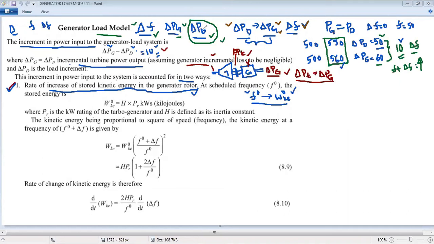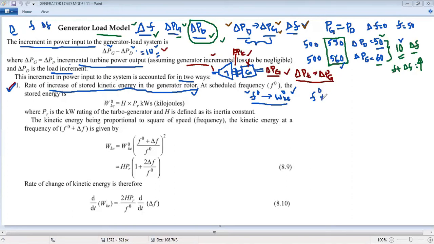But we are assuming that there is a load increment here. If you assume an increment in the load, it is some sort of disturbance in the system. So if there is a disturbance in the system, then the frequency will increase.